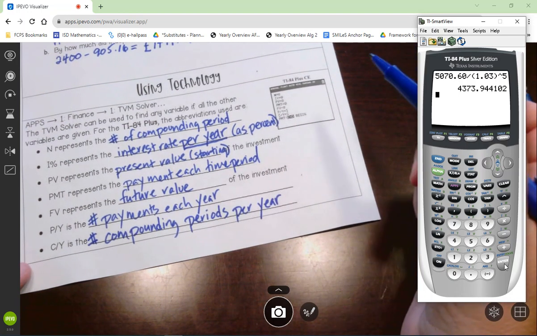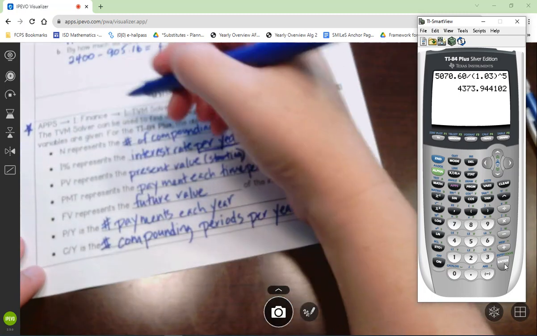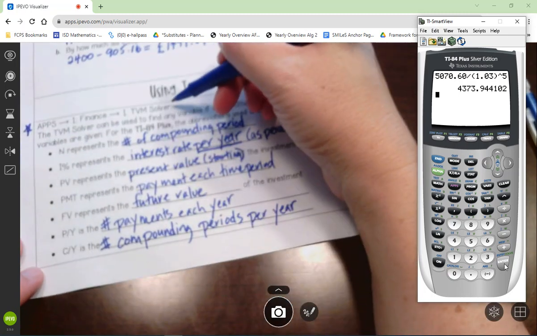Now the directions for the solver are right here. We're going to go to Apps, Finance, and TVM Solver.